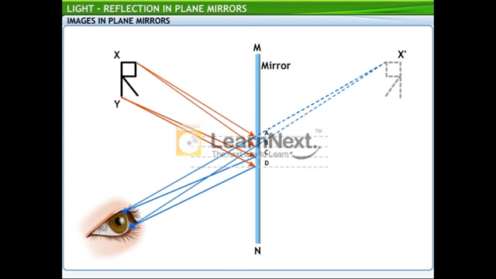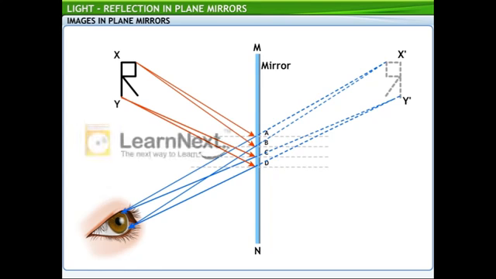Like the two reflected rays from A and B, the two reflected rays from C and D are divergent too, and when extended behind the mirror, meet at Y dash. Thus, Y dash is the image of point Y on the object.